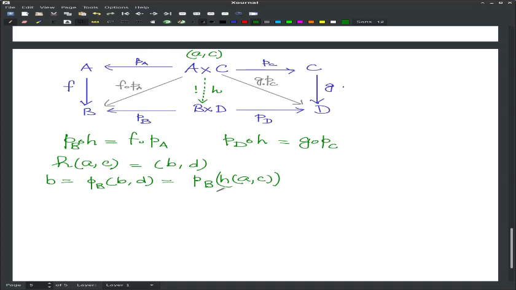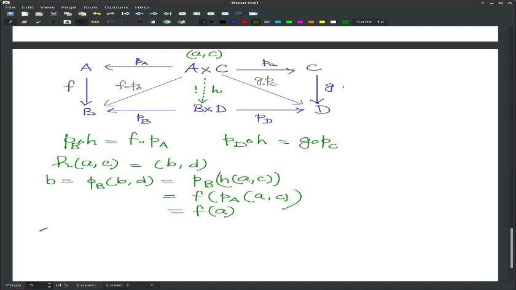Now I am going to utilize these equations. PB composed H is nothing else but F composed PA. But then PA of AC is nothing else but A. So B is nothing else but FA.